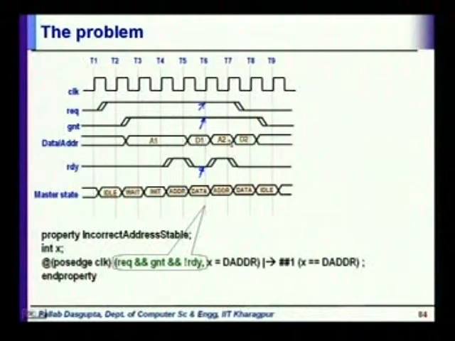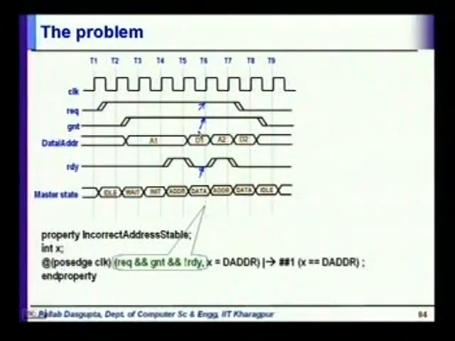So this data does not have to be held for the next cycle. There is no need to hold the data for the next cycle. So this is part of the data cycle, and this property has confused the address cycle and the data cycle. It is true that every address cycle can satisfy this property, but it is also true that this can be satisfied in other places also, like in the data cycle.